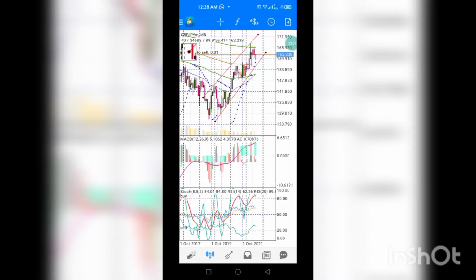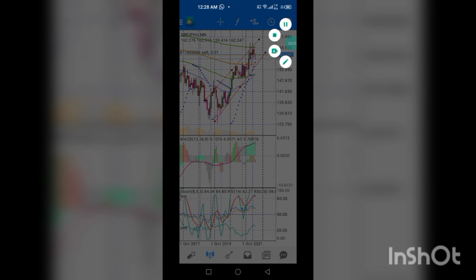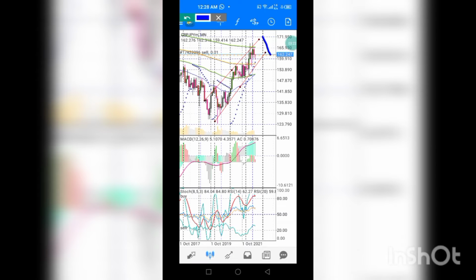Make sure it touches at least 3 market tips, 3 troughs, to be valid. As you can see guys, we are in an upward trend. The market is heading up, right? As you can see, we're in an upward trend.